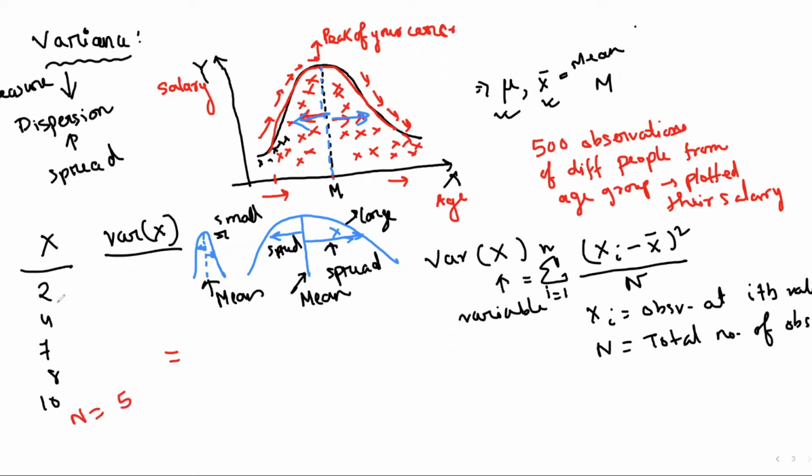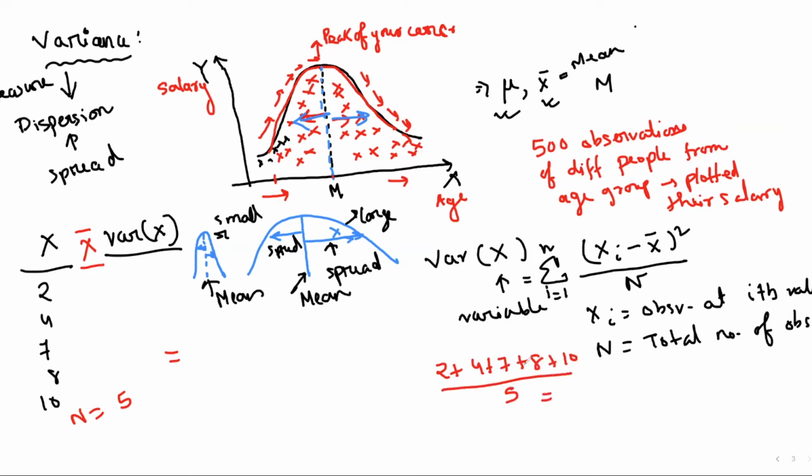So n is 5. And then you have to first calculate the mean. So the mean will be x bar, and the mean will be nothing but 2 plus 4 plus 7 plus 8 plus 10 divided by 5.